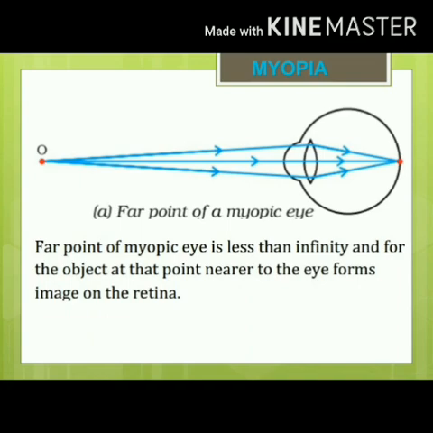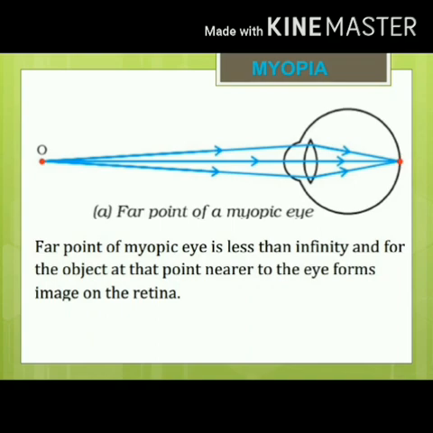So what is happening? We saw that the image was forming in front of the retina. Now if we bring that object at infinity continuously closer to the eyes, after some time we will get the image on the retina. That farthest point from where you are getting the image on the retina is the new far point of the myopic eye.